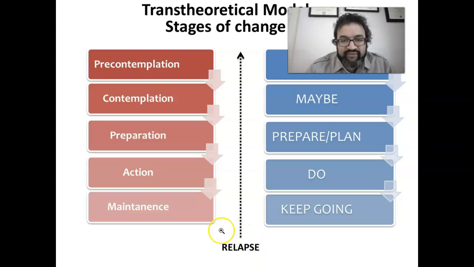Just a point of caution here: we're moving downward as we move through the stages of change, but anytime there is a moving backwards, that would be considered relapse. So what do all these stages of change mean? We go from pre-contemplation to contemplation, preparation, action, and maintenance.